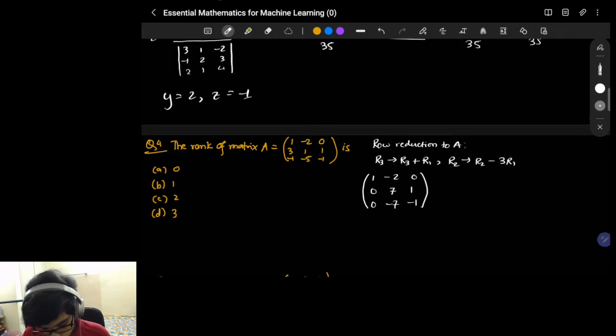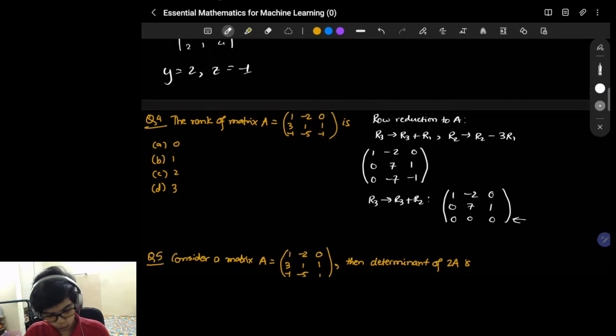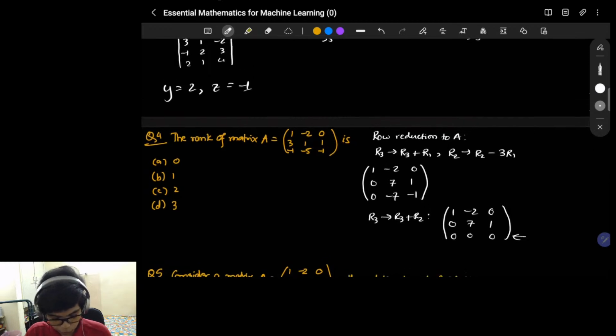Now the next row operation that we will apply is R3 goes to R3 plus R2, and this will give us, so we see that the last row is 0. So there are two non-zero rows in this reduced row form. So thus we have rank equal to 2. So this is the reduced row form.